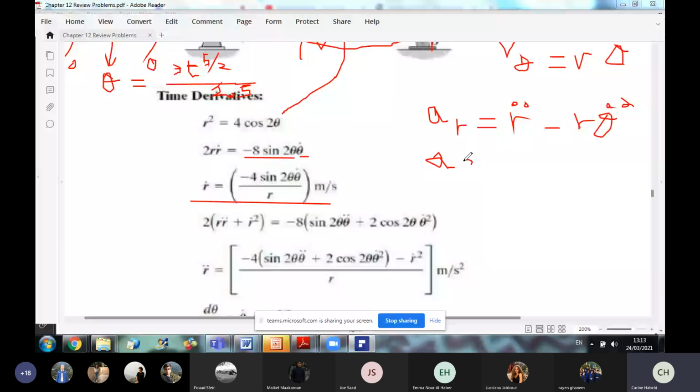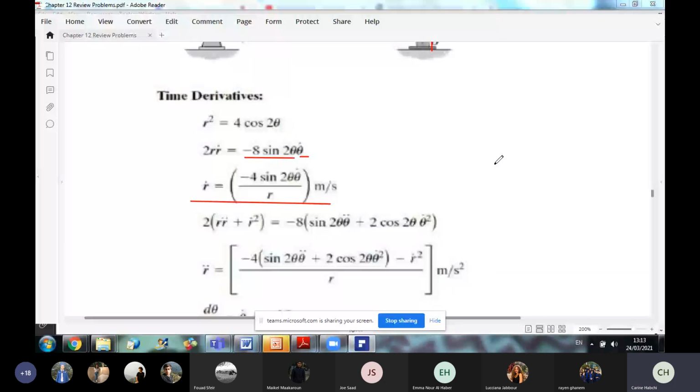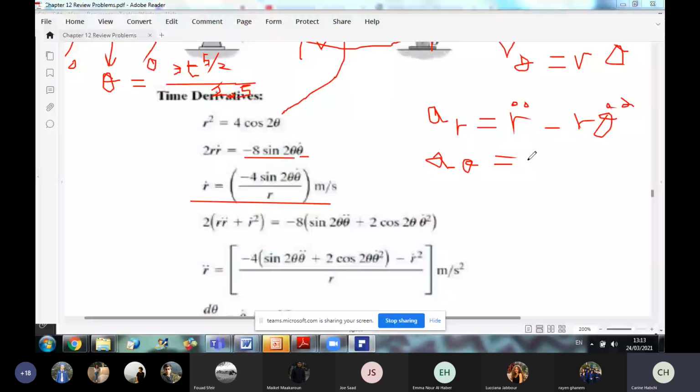So now, what is missing for me is r dot dot and the value of theta dot dot, because I need theta dot dot in the expression of a theta. So it's r theta dot dot plus 2 r dot theta dot.